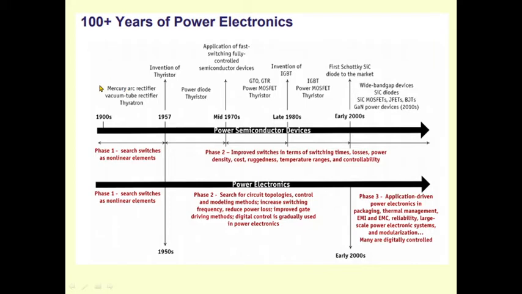The major thing that occurred was that, first of all, we had the mercury arc rectifier, vacuum tube rectifier or thyratron. This was a bulky and large system. Then the invention of the thyristor revolutionized the study of power electronics. Then we had power diodes, and through these years there was a huge transition in size.